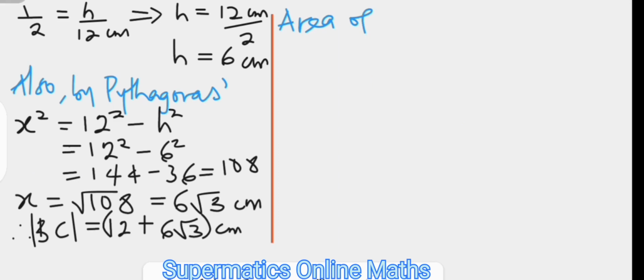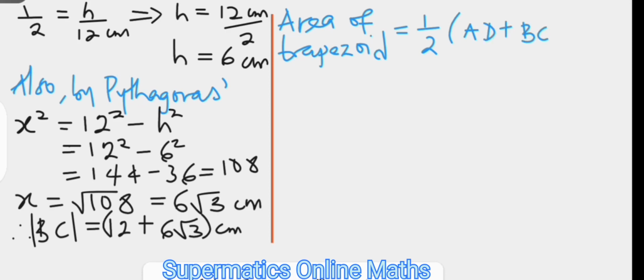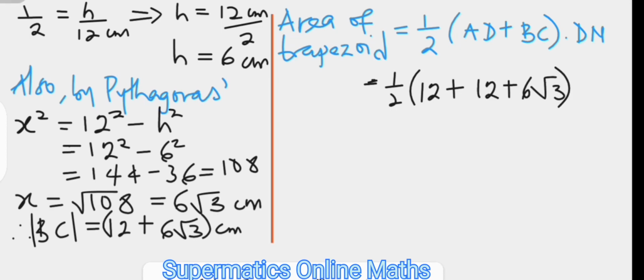And the area of the trapezoid will then be half times the sum of the two parallel sides, that is AD plus BC, then times the height H, which is DN. That is half into brackets 12 centimeters plus 12 plus 6 root 3 centimeters, then multiplying 6 centimeters, DN.